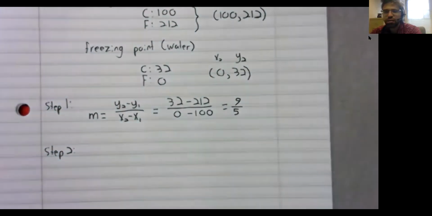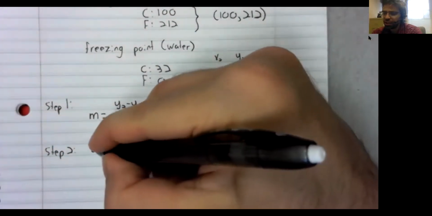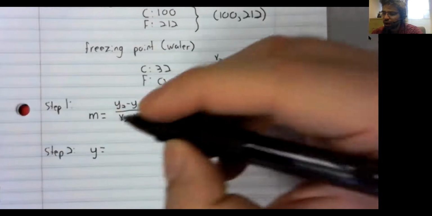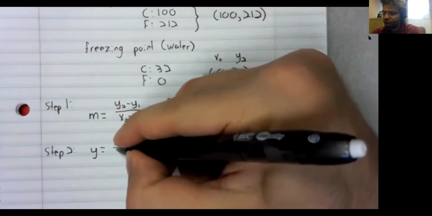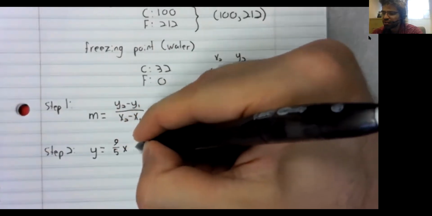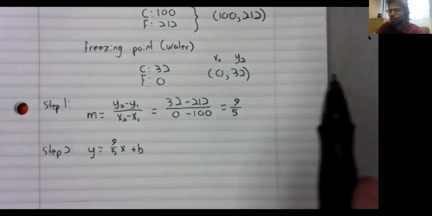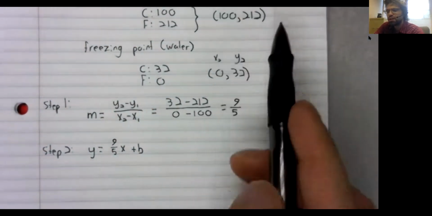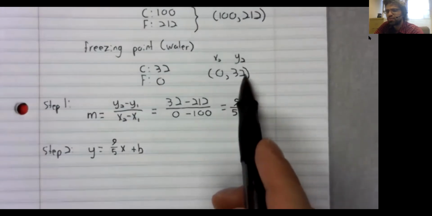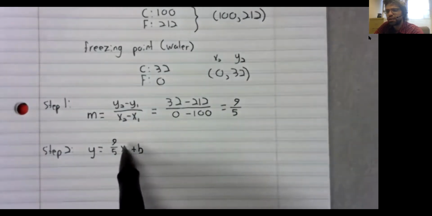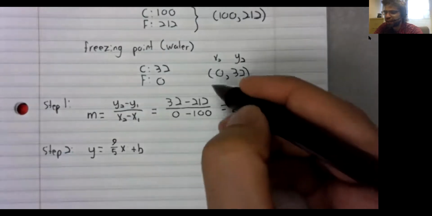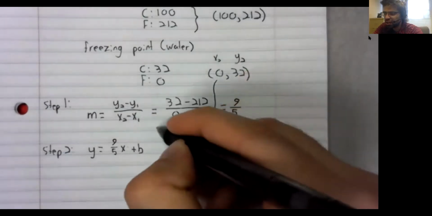Step 2, find B. We know that y equals 9/5 x plus b. We're going to take one of these points and plug it in for y and x.